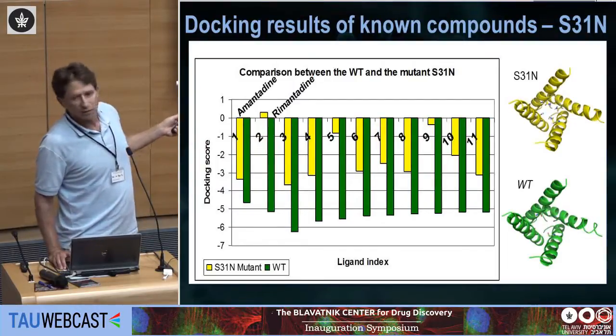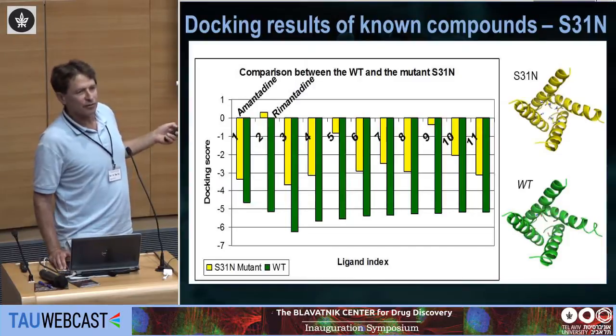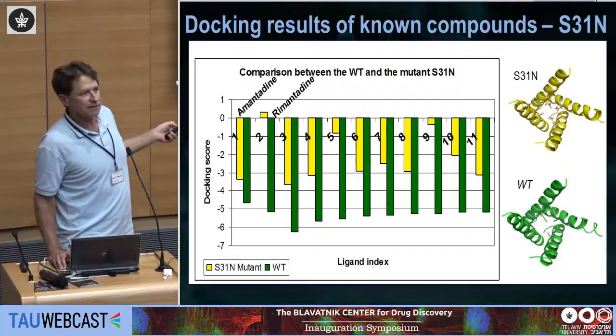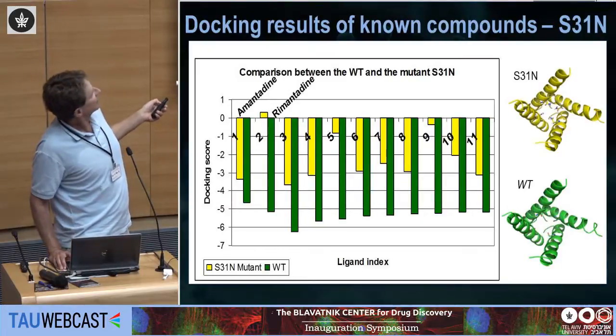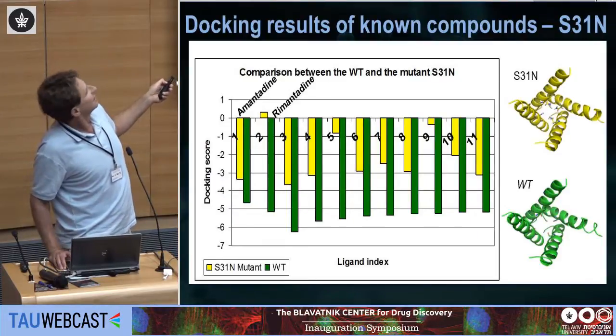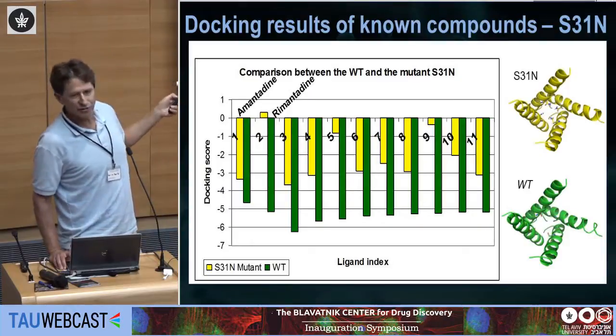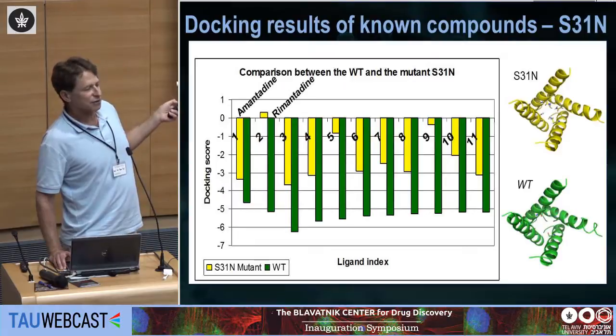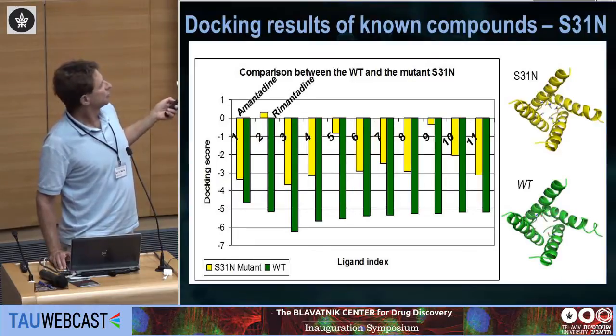She also did homology modeling of the escape mutant, and the results are in yellow. And you see that very encouragingly, they dock much less well to the mutant. Rimantadine is especially nice in that it docks with positive energy. So that's another feature that her model reproduced, to some extent at least.